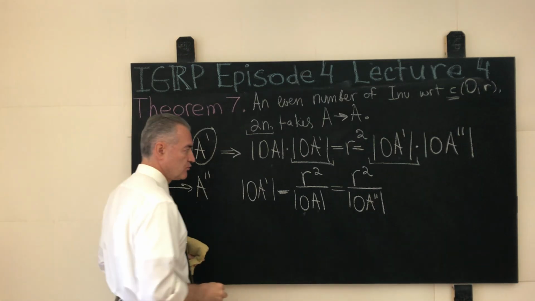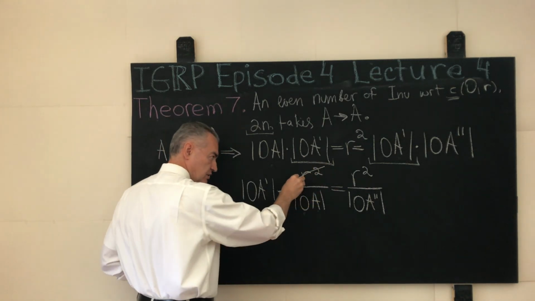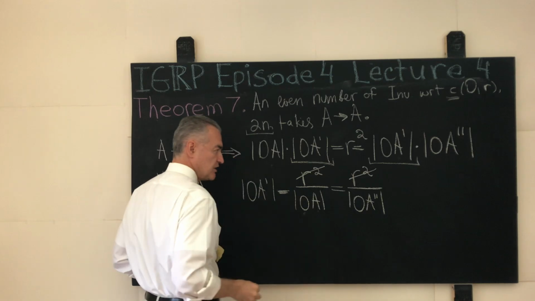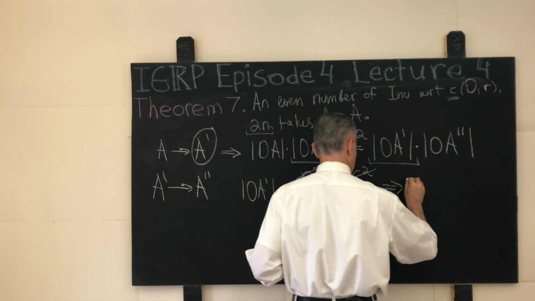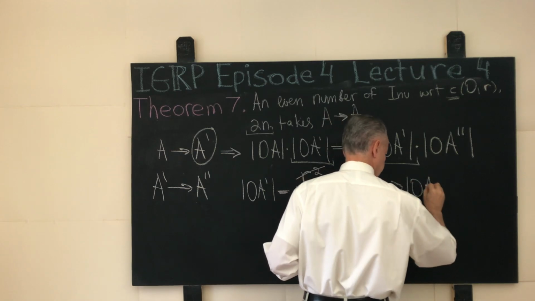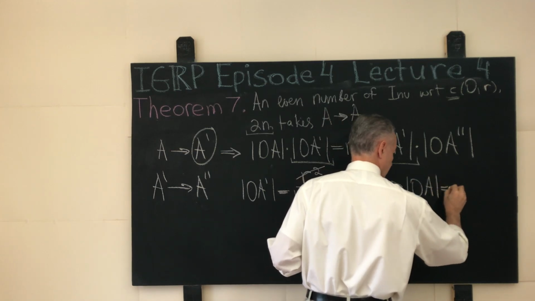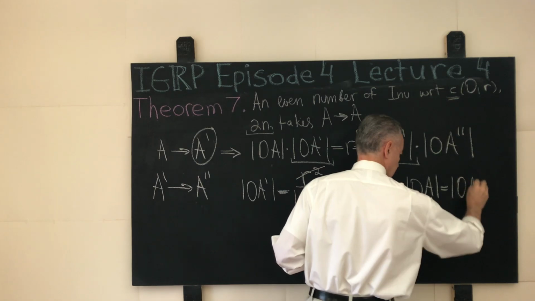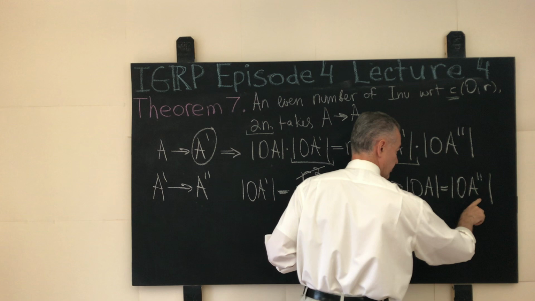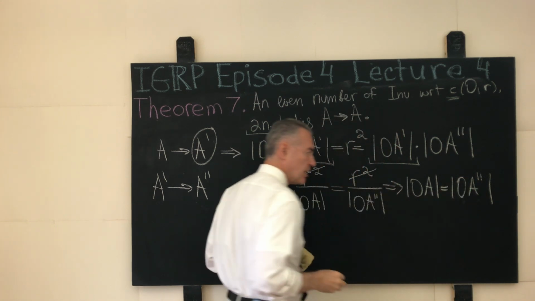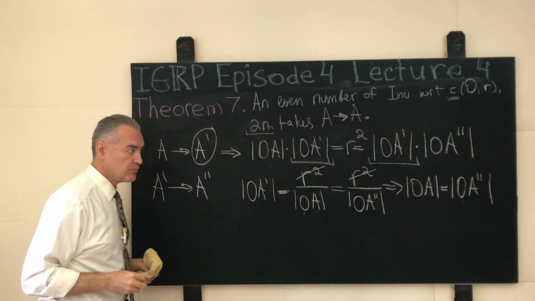But what do we see over here? The radius of inversion is one and the same. So it follows that, as far as distances are concerned, we just proved that the distance from the center of inversion to the pre-image point must be exactly the same as the distance from the center of inversion to the imposter, the point A prime prime.